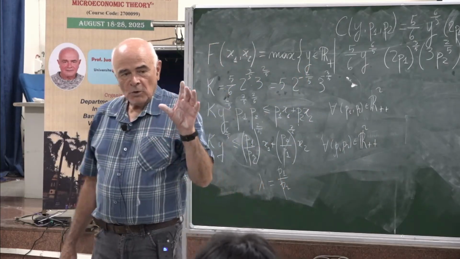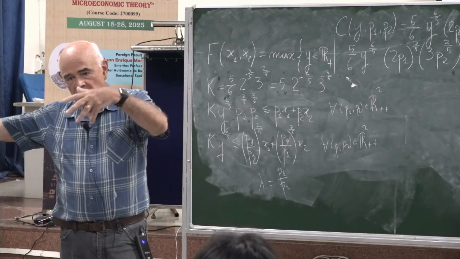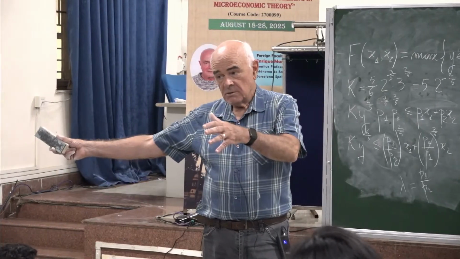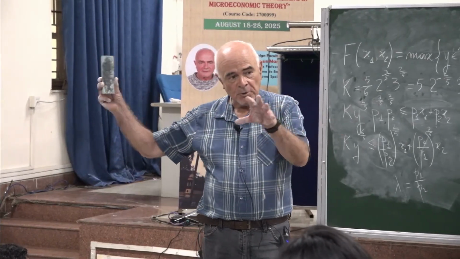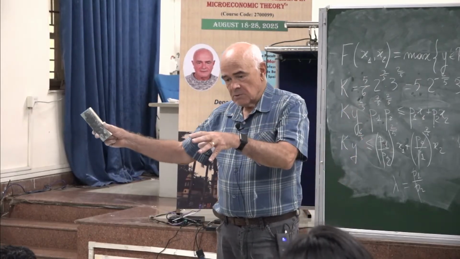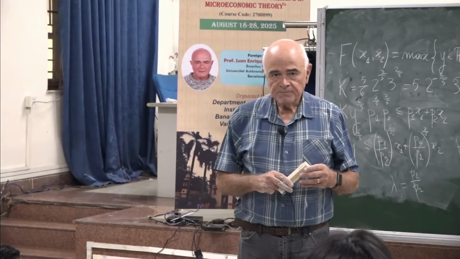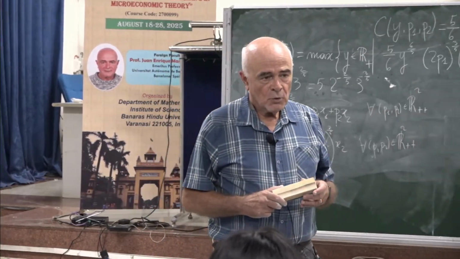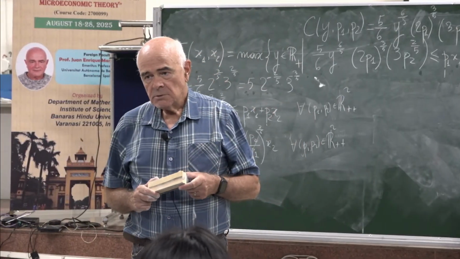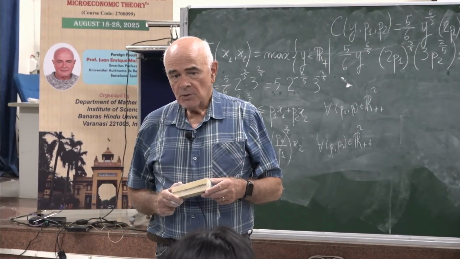But I told you that the most I can say about f of x is that it is less than or equal to this expression. And then we tried with that expression. So every production function that produces the cost function is less than or equal to that expression. So that expression is the largest production function which induces the given cost function. It's the largest, it's regular, it's the only regular production function.